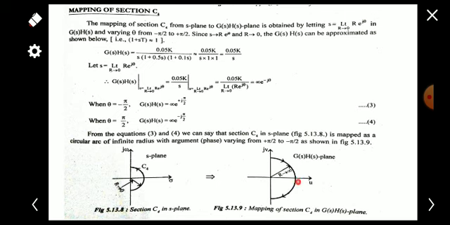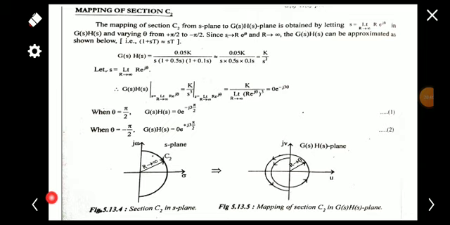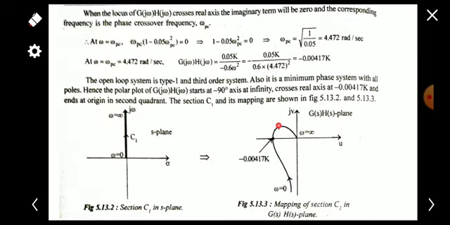So this is the corresponding plotting for C4. And after that, at last we have to combine all these four sections together. So the first section is, this is the first section.